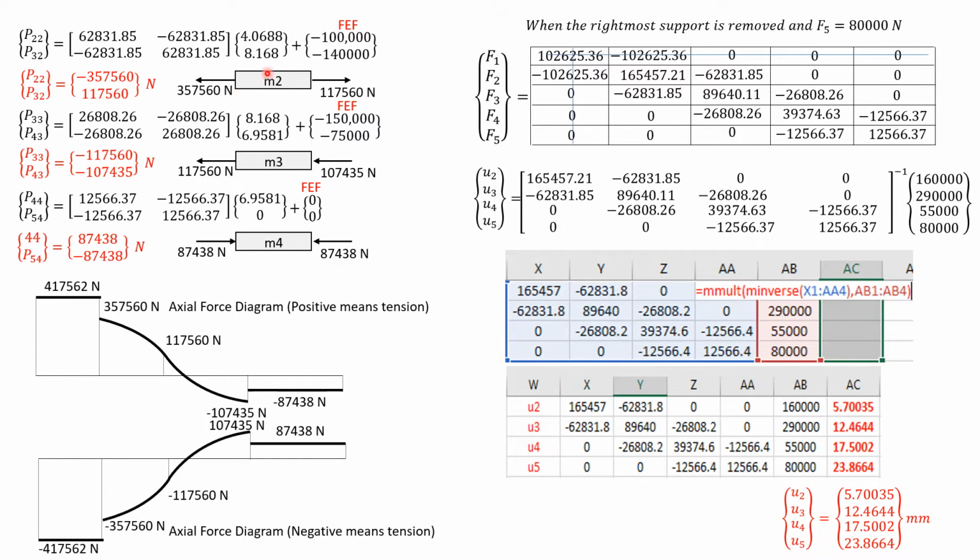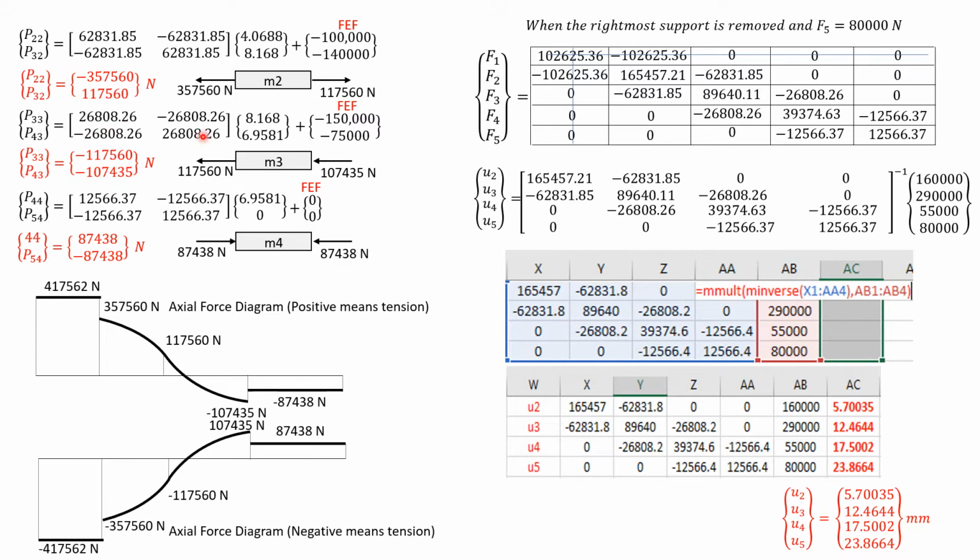So if this is member 2, at the left, the force is 357,560. At the right, 117,560. Member 2 is still in tension, but the force is not uniform because, if you can remember, member 2 is subjected to a varying load. That's why the force changes.